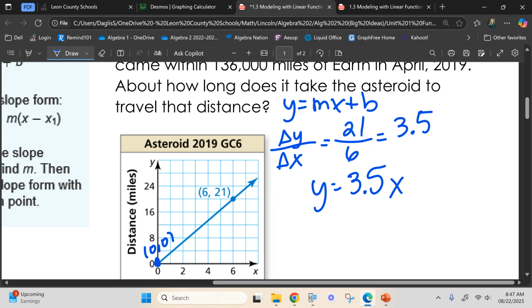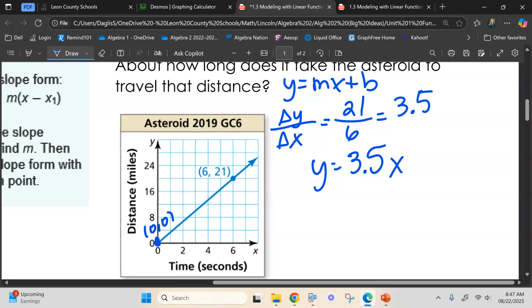It said I needed to interpret it. So again, give my number meaning. We said it was y over x, right? What are those labeled? Distance over time, or miles over seconds. So if I said 3.5 miles over seconds, what does that represent when it comes to the asteroid?